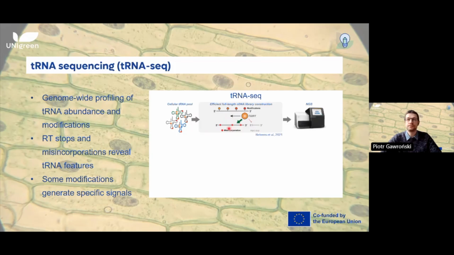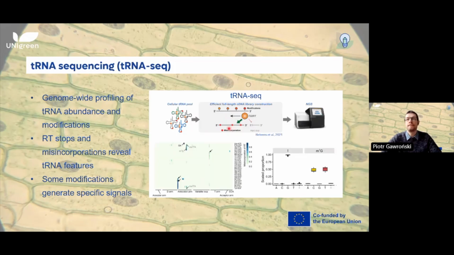Here you can see the misincorporations that reflect the positions of the modified nucleotides across all chloroplast tRNAs, and these modifications are highlighted in blue and green colors. For example, the arginine tRNA shows a modified nucleotide at position 34, which is the first anticodon position, known from other studies to carry inosine.